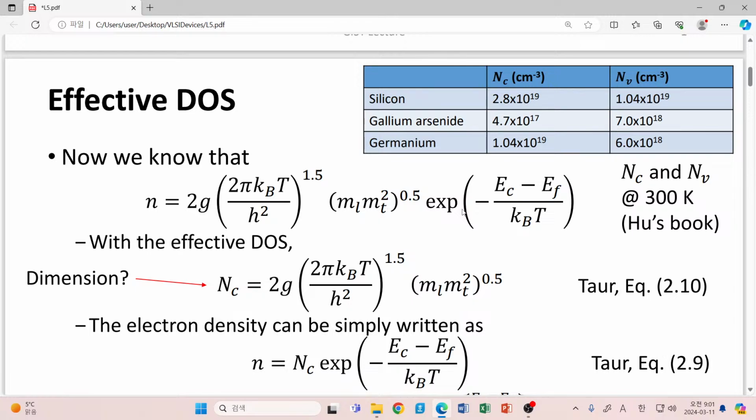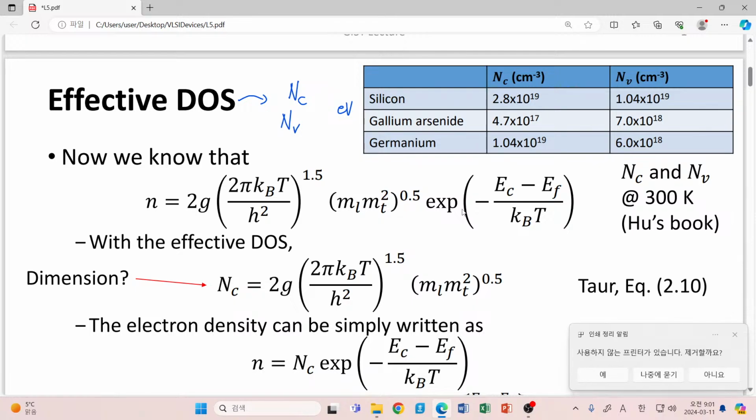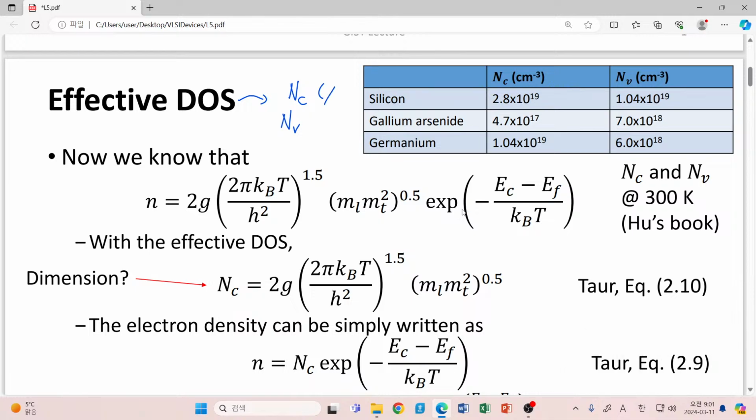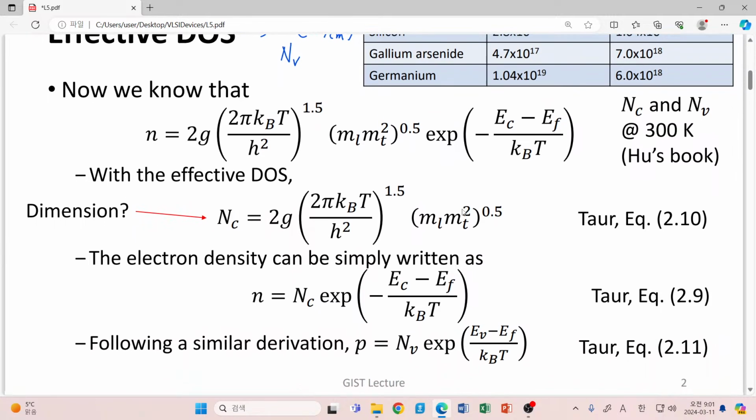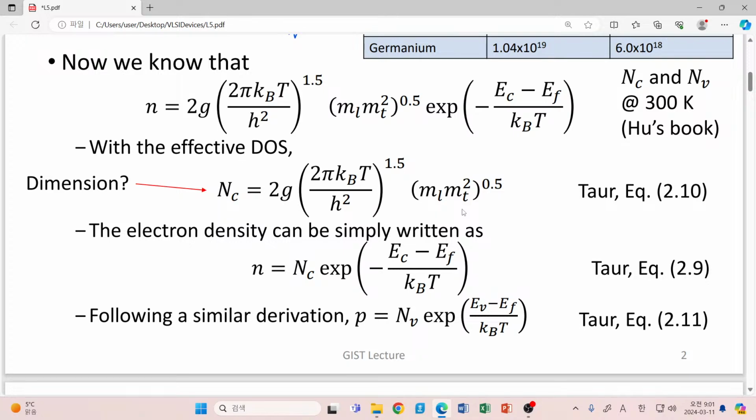However, in this case, this effective density of states, something like NC or NV, is actually not a quantity per electron volt, because it is already integrated over our energy range, so this is actually in units of per cubic centimeter. Anyway, once we understand this, then we can express our electron density in this form.